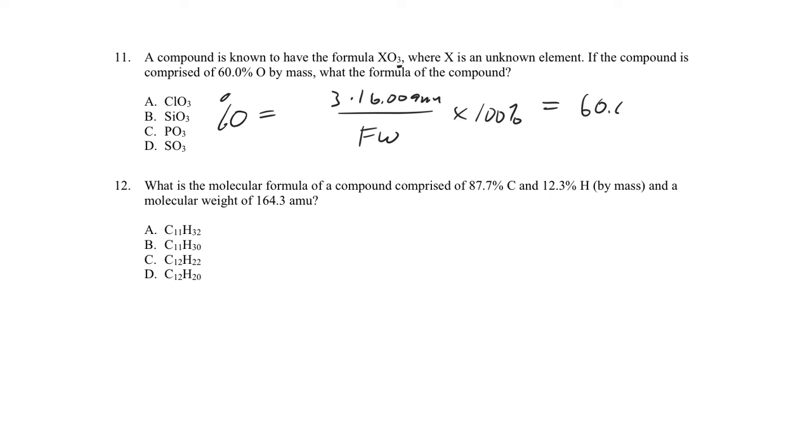That must equal 60.0%. So let's get rid of the 100 and go to 0.600. Cross multiply: the formula weight is equal to 3 times 16, divided by 0.6. So 3 times 16 divided by 0.6 is about 80.